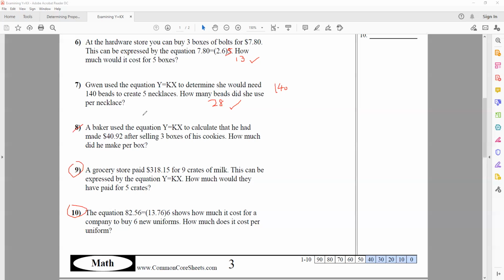All right, so for this one, I did 40.92 divided by 3, and I got 13.64. Okay, good.